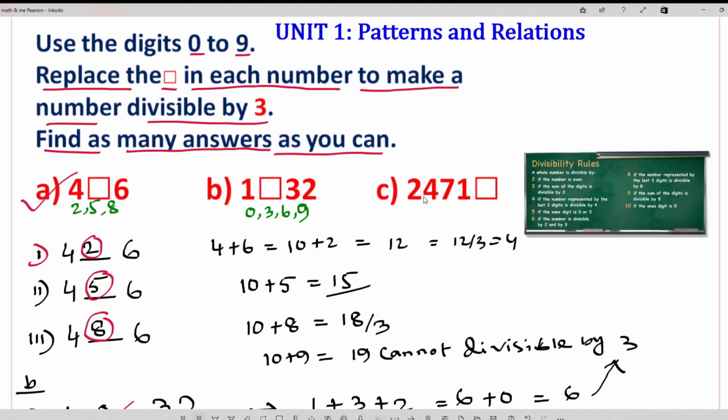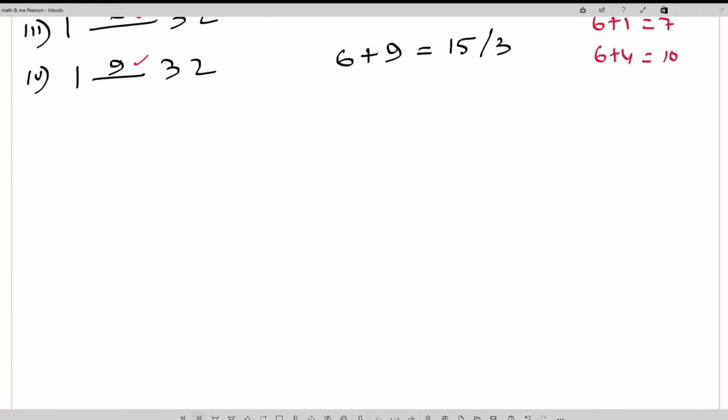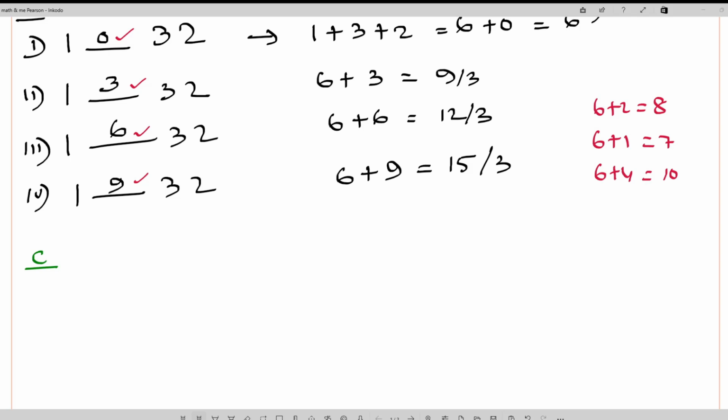So next one is 2, 4, 7, 1. Let's start. Number C, 2, 4, 7, 1 dash.